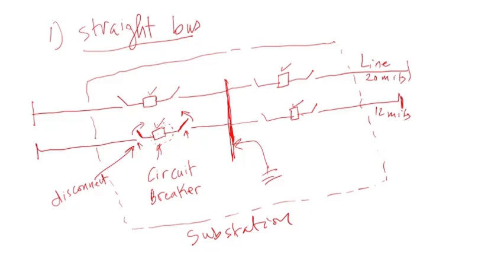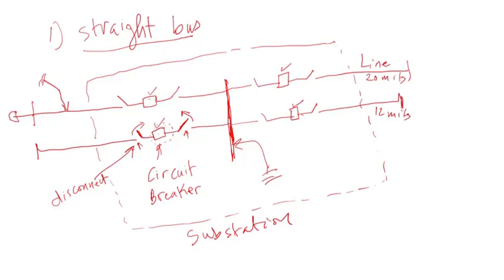The same thing applies to a bus fault. Also, say this line here has a line to ground fault. That means the breaker on this side needs to open to clear the fault, and the breaker that's upstream, somewhere here, needs to open so they can isolate this fault.